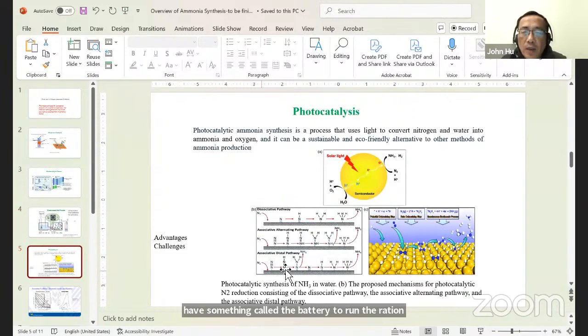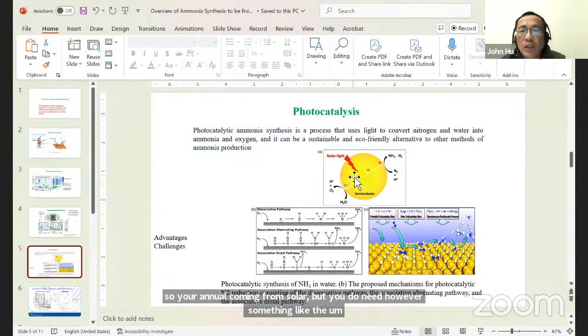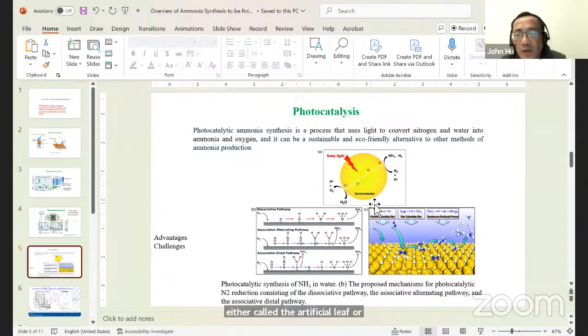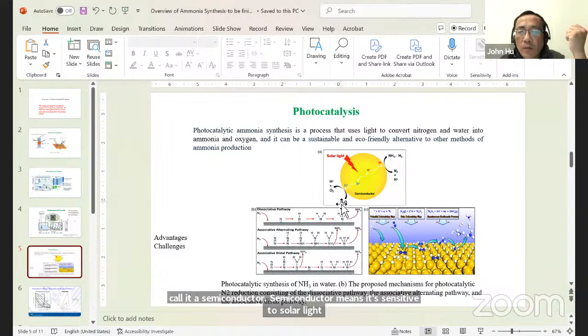Your energy comes from solar, but you do need something like an artificial leaf or an artificial material. They call it a semiconductor. A semiconductor is sensitive to solar light, takes the water and makes a proton, and then the proton reacts with the nitrogen.